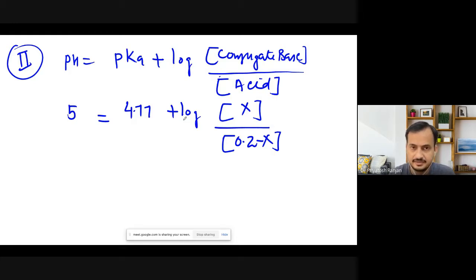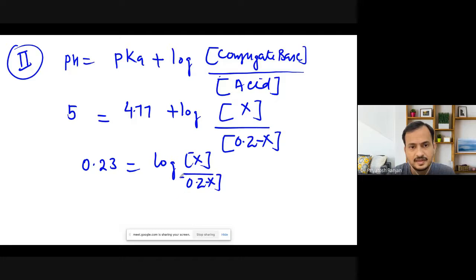5 minus 4.77, which we are going to get as 0.23, equal to log of x over 0.2 minus x.